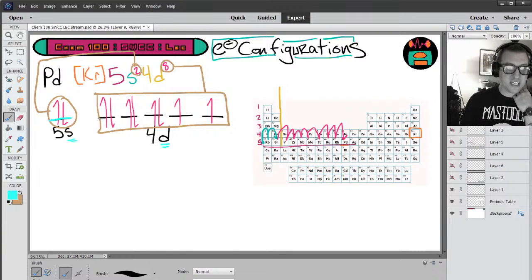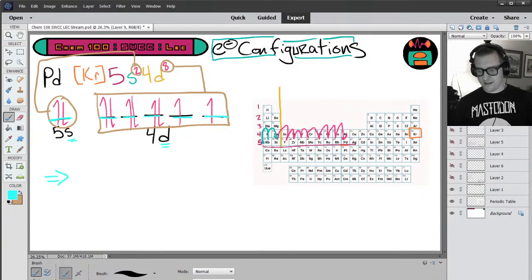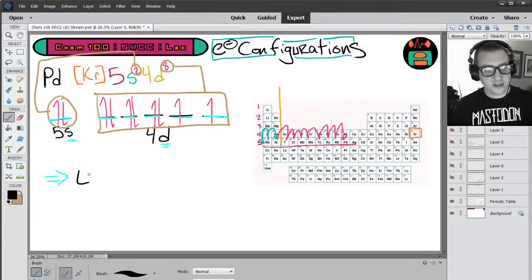When we deal with a 4D subshell, there are 1, 2, 3, 4, 5. Each line is an orbital.